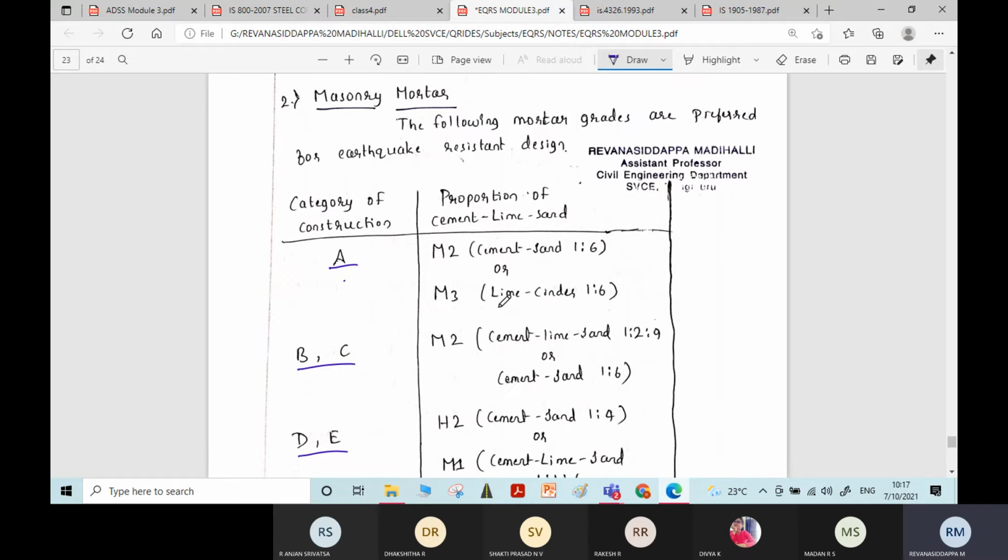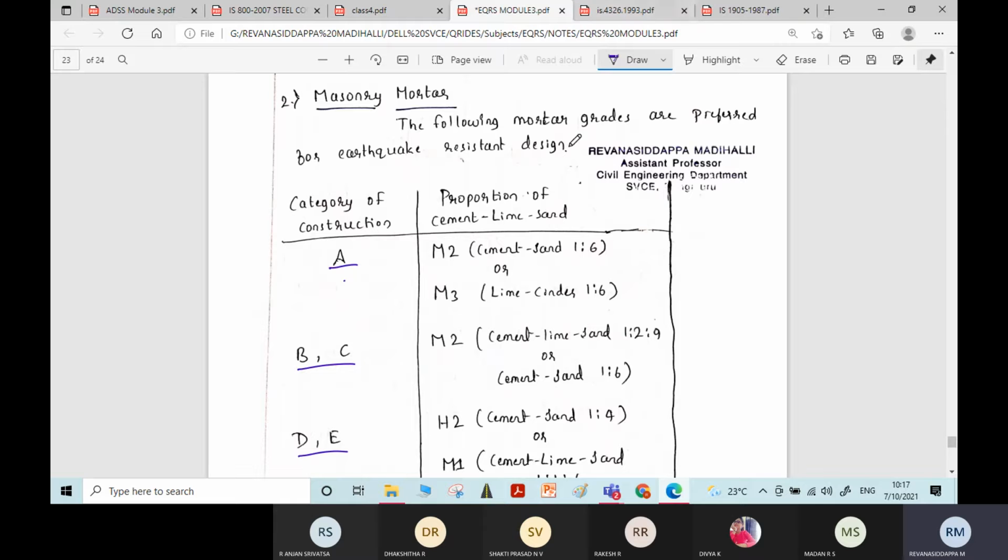These proportions you will get from the IS 1905 and IS 1907 code books. Here you have different notations for mix proportion, like M2, M3, H2, and for each category a guideline is given.